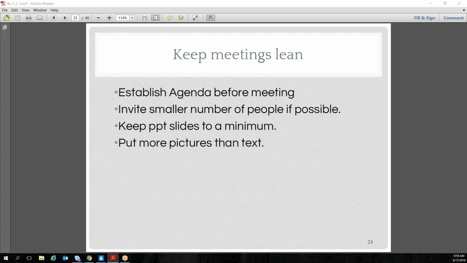So in order to convey as much information as possible, we must keep our PPT slides to a minimum, and we must put more pictures than textual information, because images convey more information than text. Make sense? So this is one thing we should take care of while we want to do faster operations.